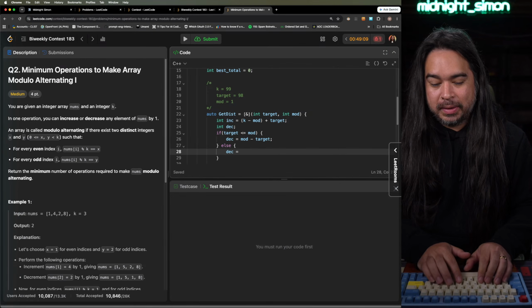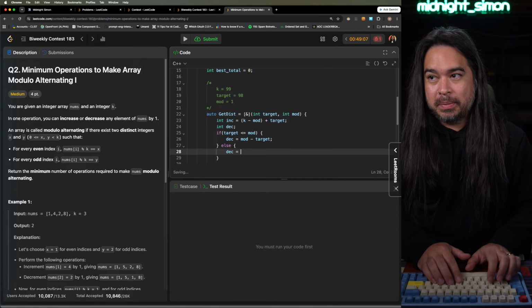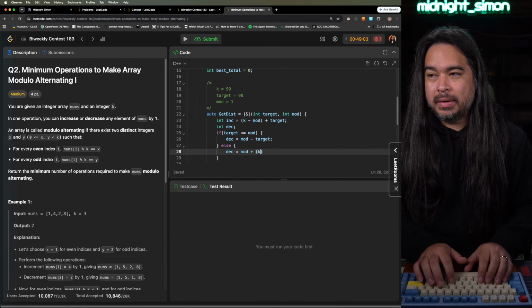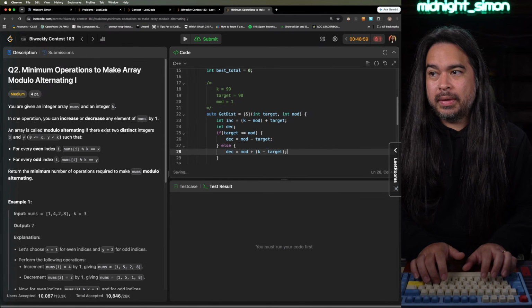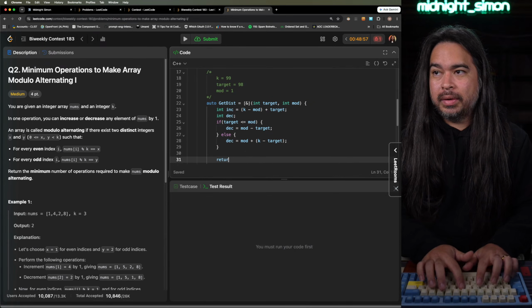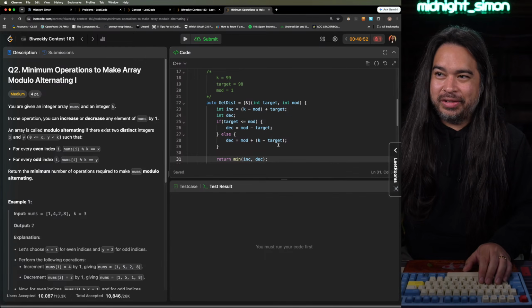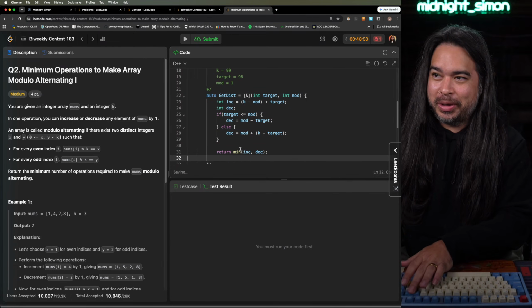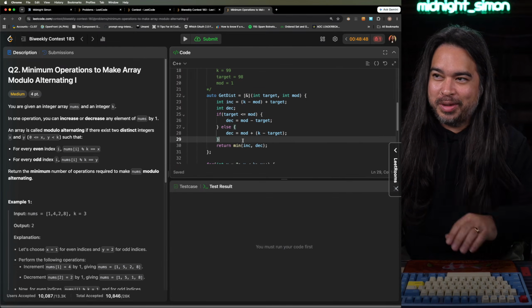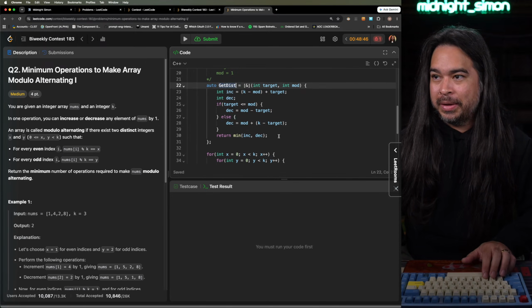Otherwise, it's going to be that. I'm not 100% sure about this logic, but it seems kind of okay for now.